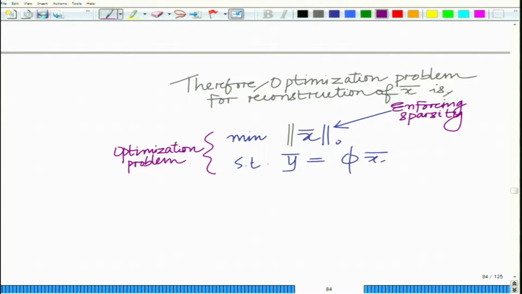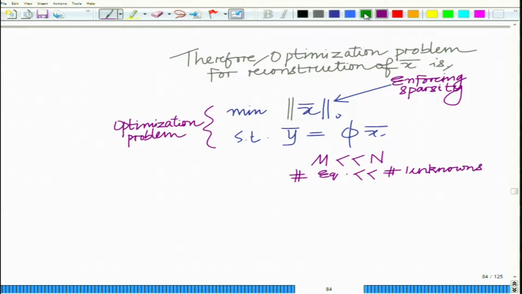And why do we need this? We need this because the number of equations m is less than or equal to n, which implies that the number of equations is less than or equal to the number of unknowns, and therefore one has to exploit sparsity.